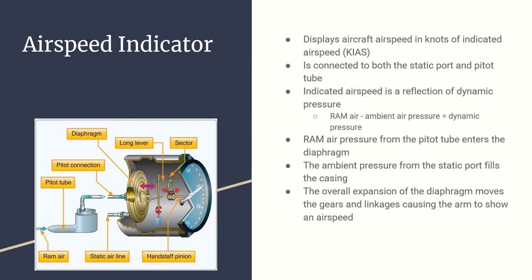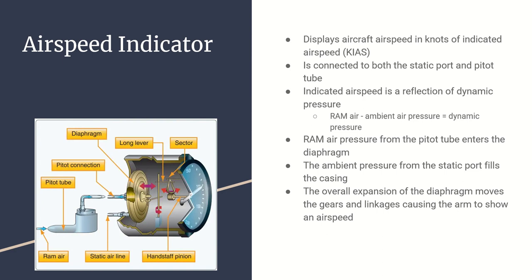If we travel at the same airspeed at 10,000 and 3,000, we will definitely pick up a higher ram air pressure at 3,000, right? Because the concentration of air molecules is that much greater. So when our static port picks up that ambient air pressure, we basically subtract that from our total ram air pressure to create a dynamic pressure.